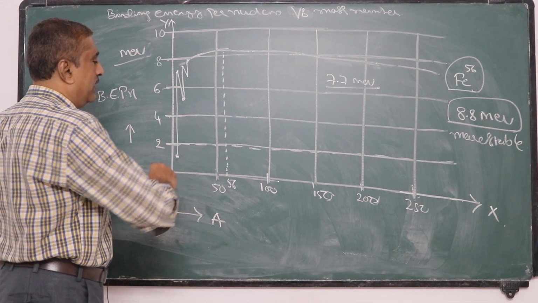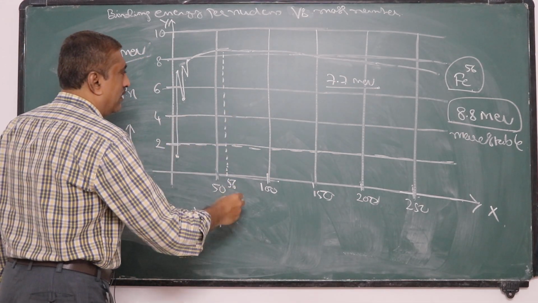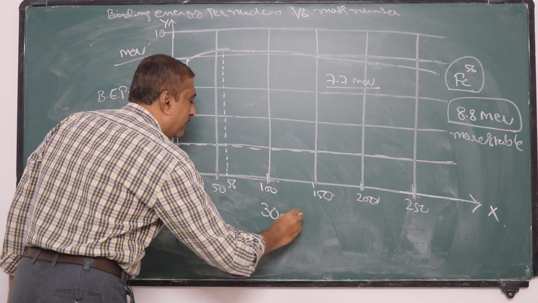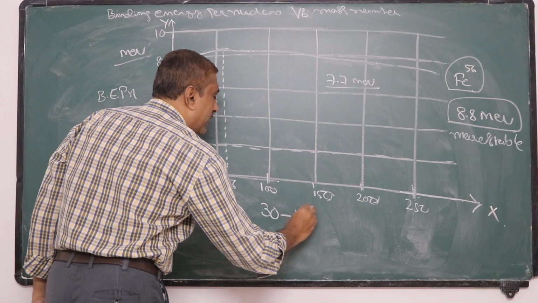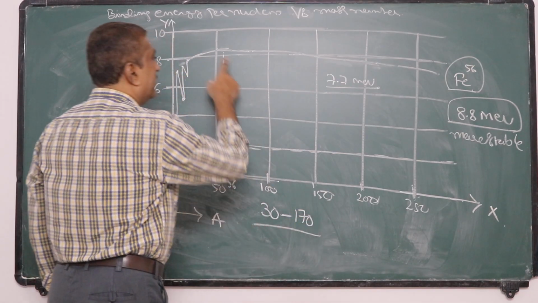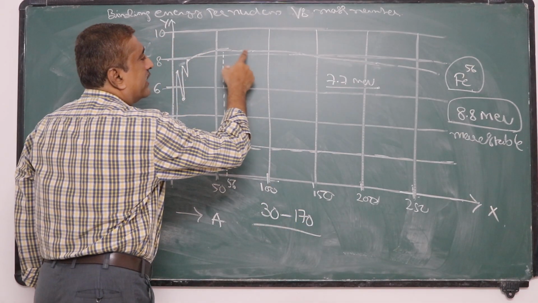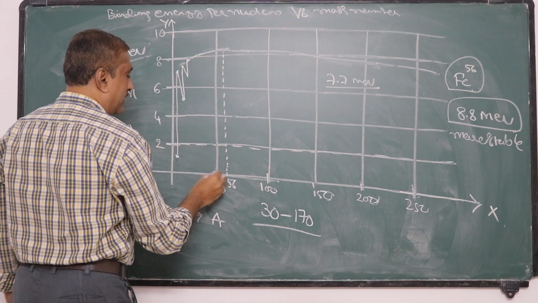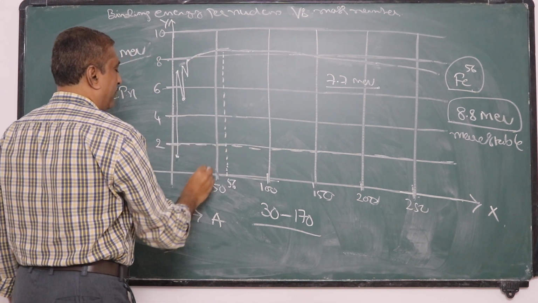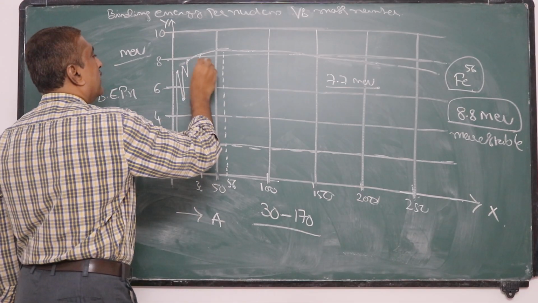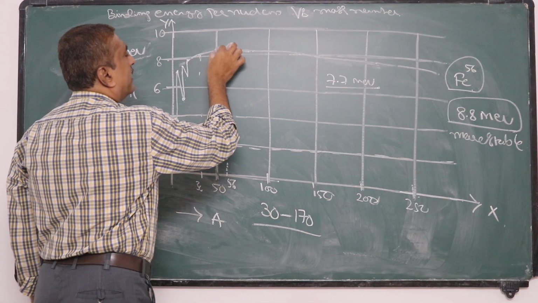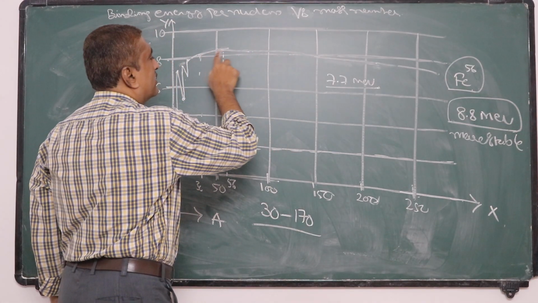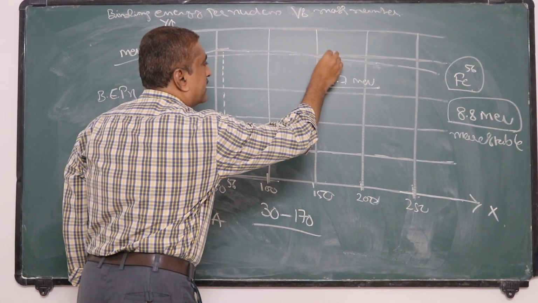And if you observe the binding energy curve for nuclei of mass number between 30 and 170, there is no sudden variation of binding energy. It is slightly increasing and slightly decreasing, but there is no sudden variation up to 170.